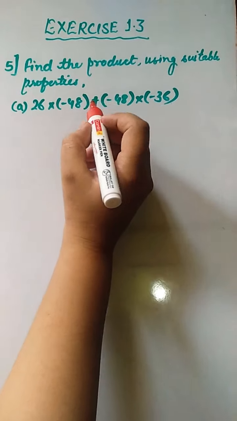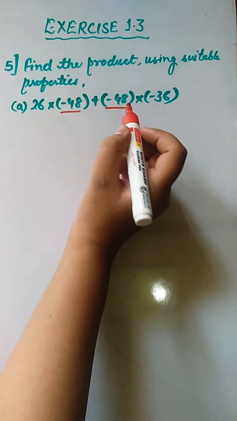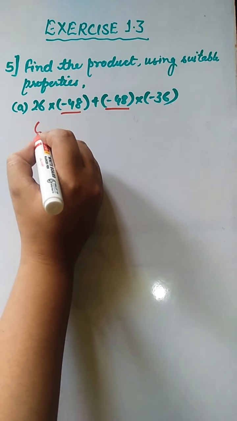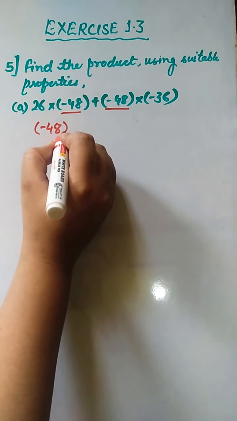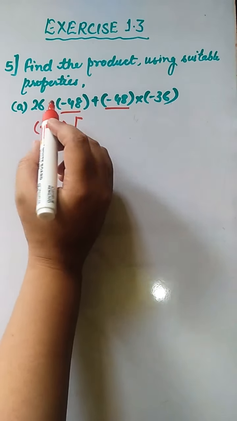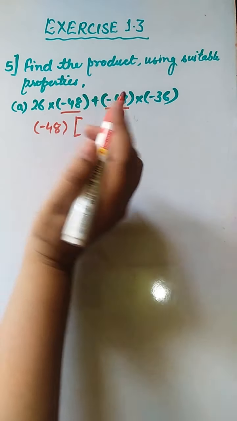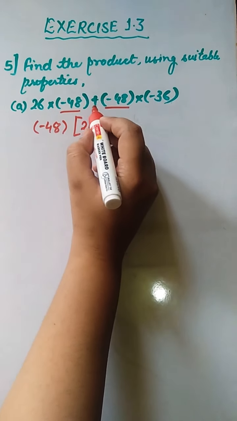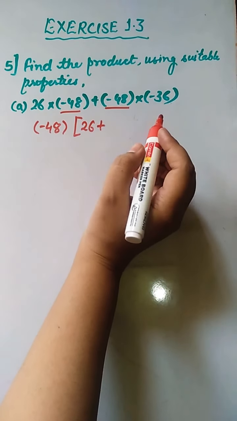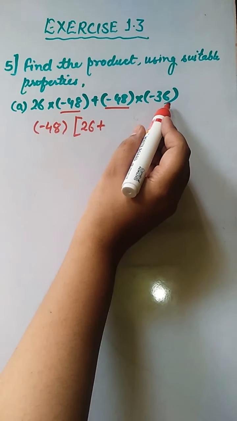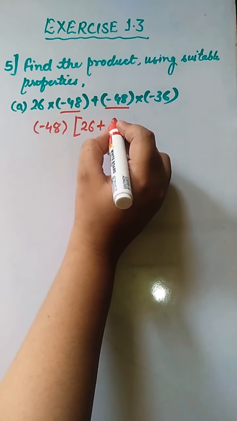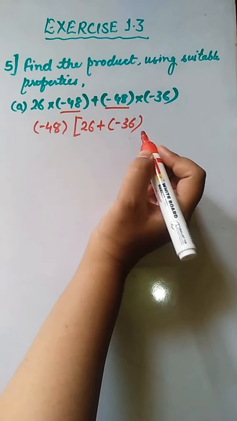Now if you see in this question, minus 48 is common. So I am going to take minus 48 as common. What will be left behind between these two? 26, and plus sign you will write as it is, and then from second part, means second term, what is left behind? Minus 36.